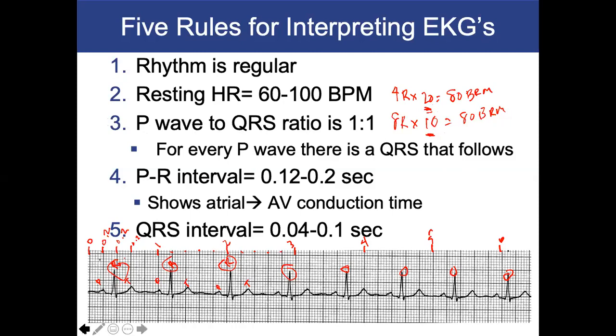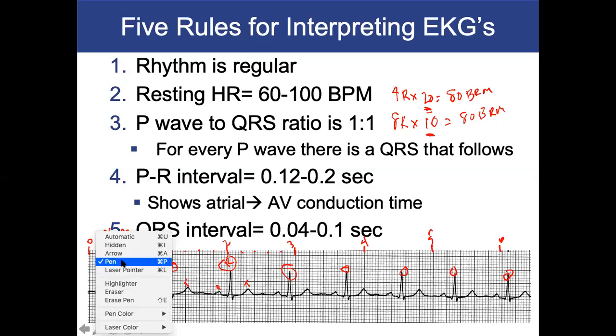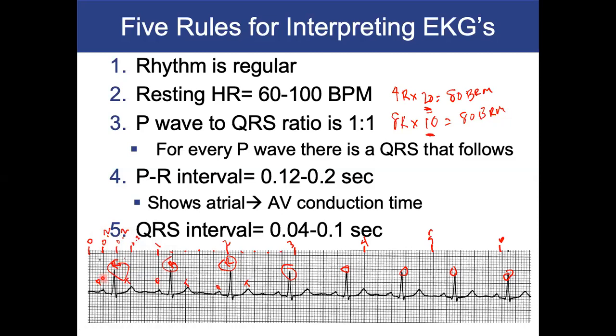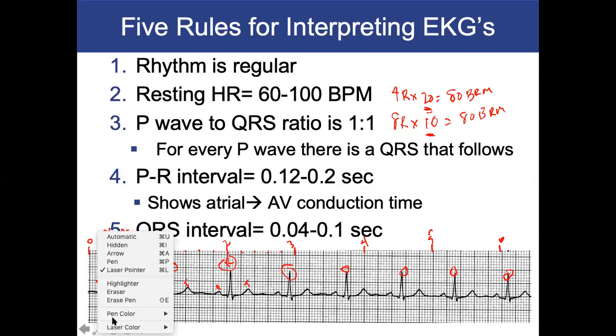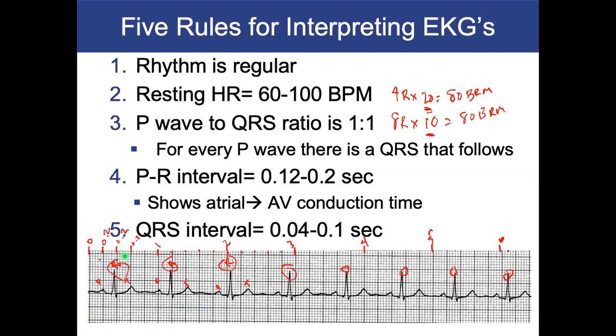So the first one, let me see if I can change my pen. Not working. Okay, let's do green. Okay, so for every P wave, there should be a QRS that follows.